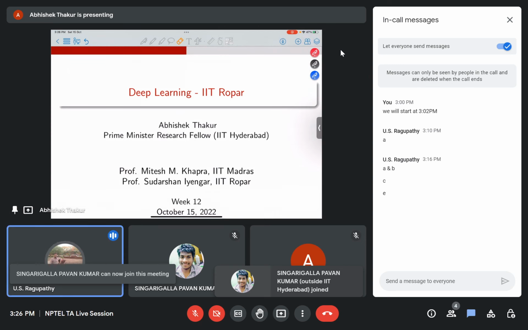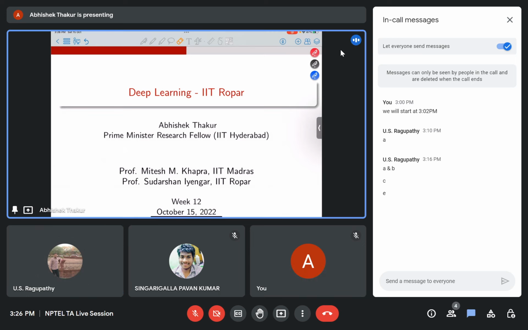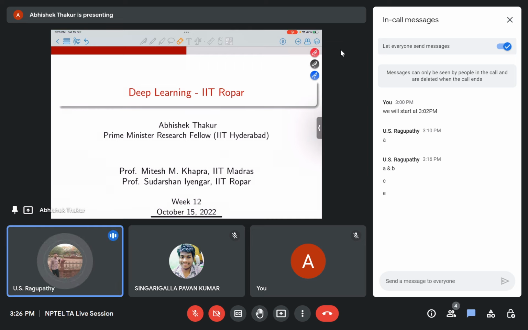Feed forward with the softmax is for classification because softmax deals with the probability, and we can classify with it. There is a little bit of ambiguity here, that's why I asked.